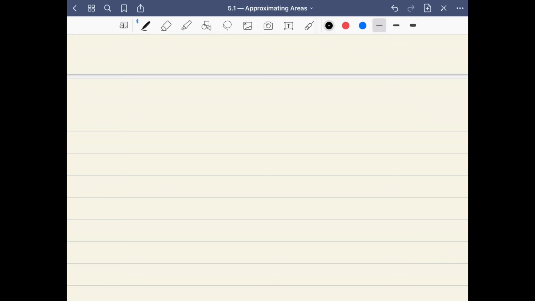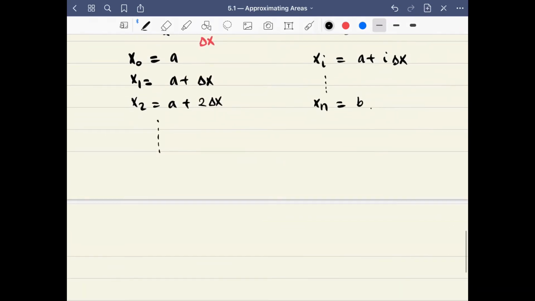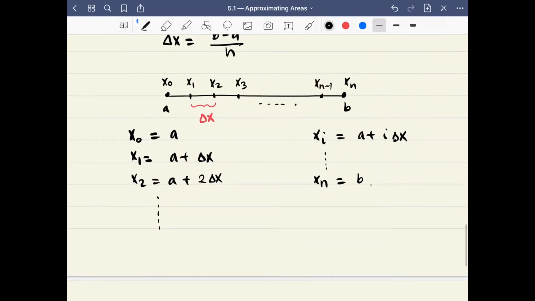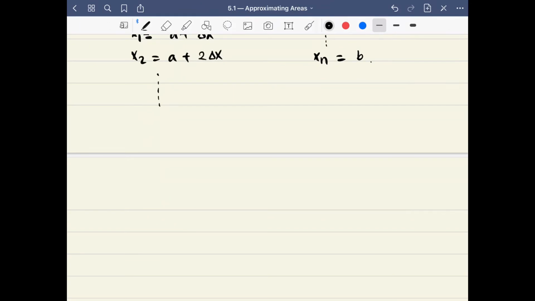Now, the next step is to construct rectangles. Before I go to the rectangles, let me also talk about subintervals. So these intervals here are x0, x1 is the first one, x1, x2 is the second one, and so on. So the subintervals look like this. The first one is x0, x1.